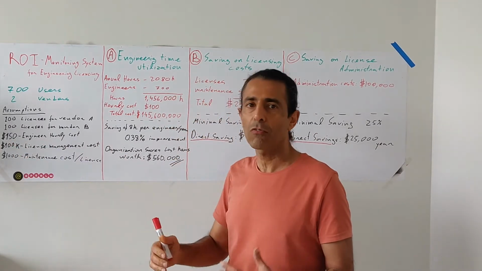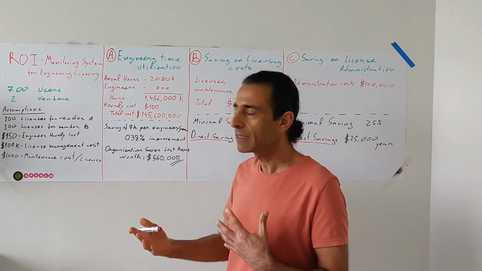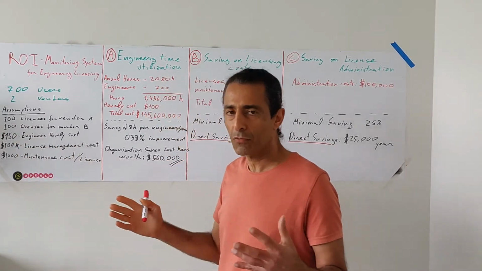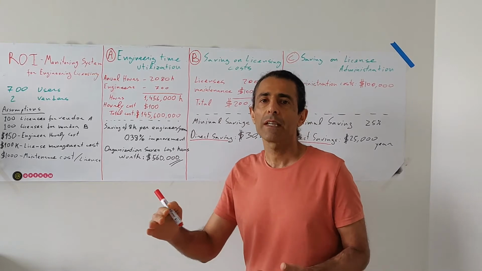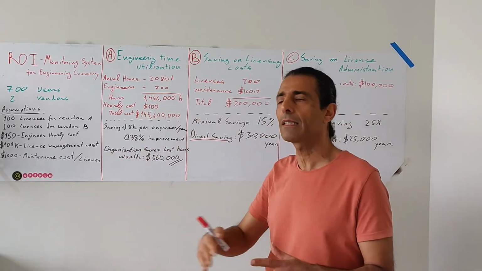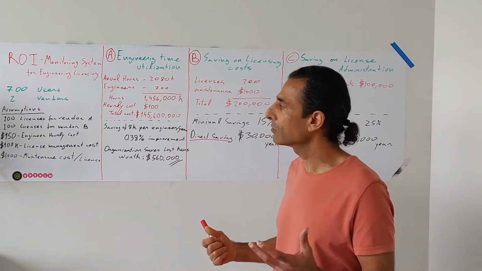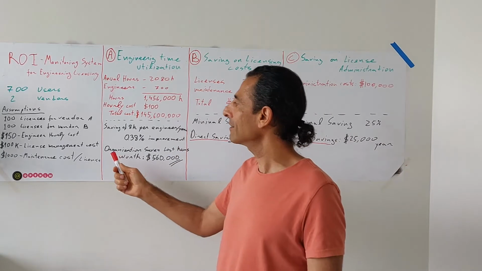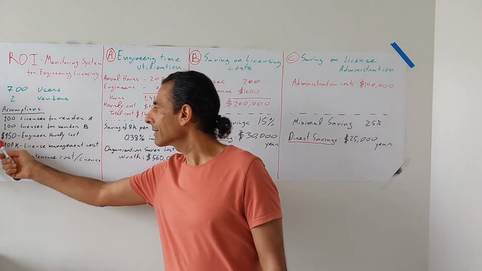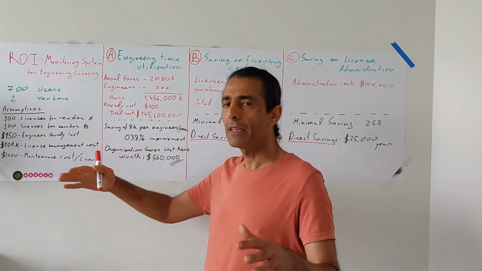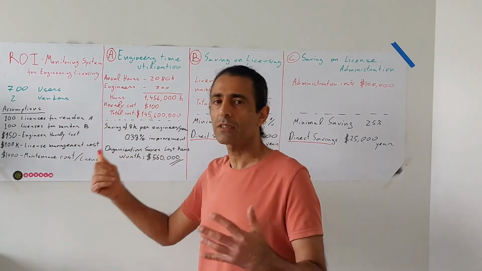The cost of 1 hour of an engineer, we took 150. Of course, it's more, because you take all the costs and the overhead of the facility and the equipment that people are using, but again, we kept it minimal. $100,000 is the cost of keeping the whole licensing system running.